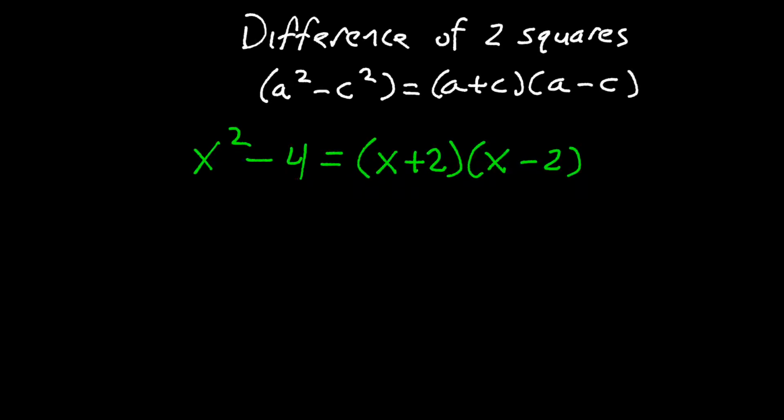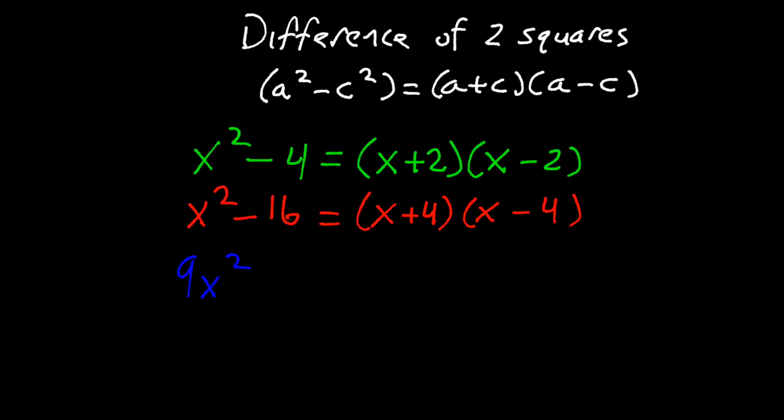If we have, let's say, x squared minus 16. Once again, I have a perfect square with x squared. I have a perfect square with 16, and we are subtracting them. So this would become x plus 4 and x minus 4. Now, you could also have 9x squared minus 25.